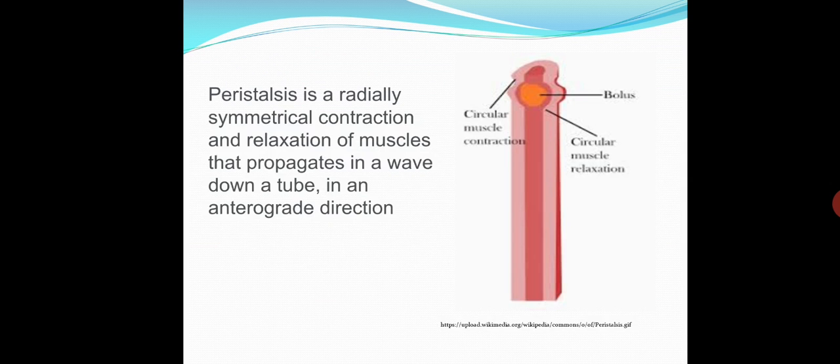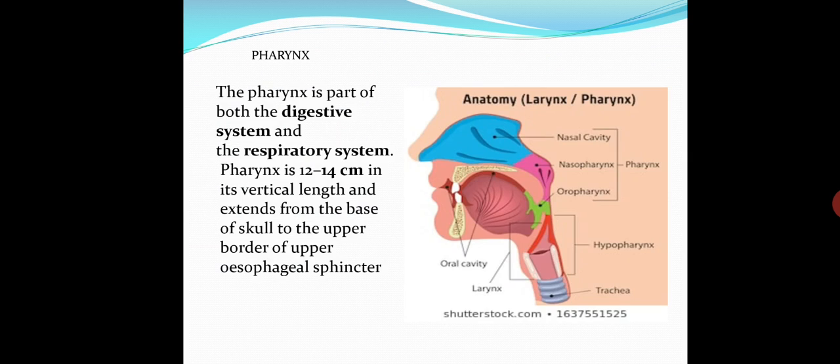Now let us learn about the next part of the digestive system from the mouth, the pharynx. The pharynx is the part of both digestive and respiratory system.